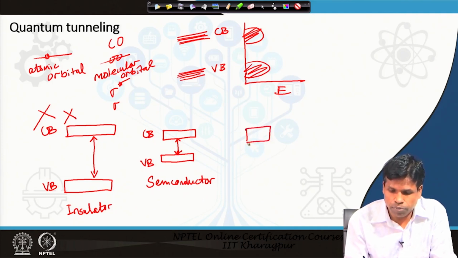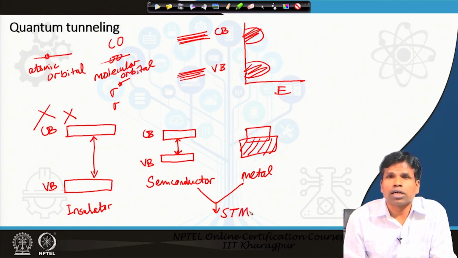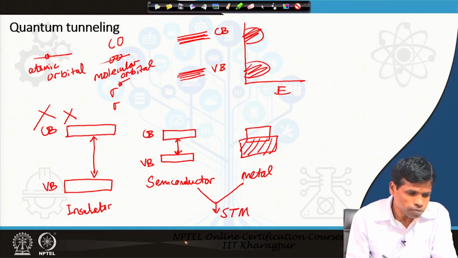Then we can also have metal, where valence band and conduction band overlap, and these metals and semiconductors can be examined under the STM, scanning tunneling microscope.